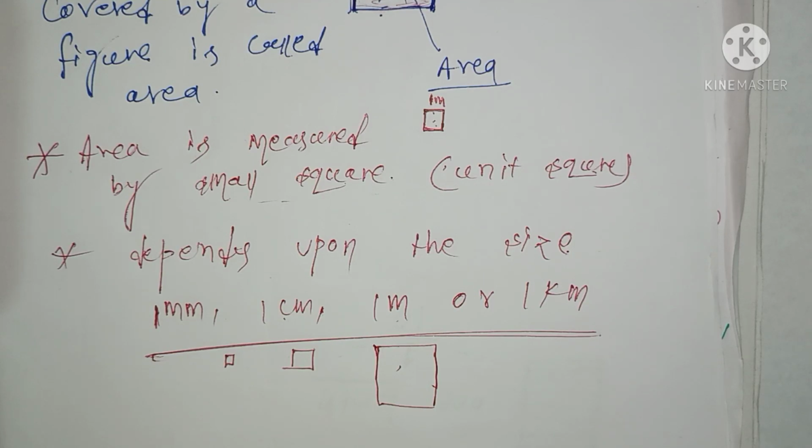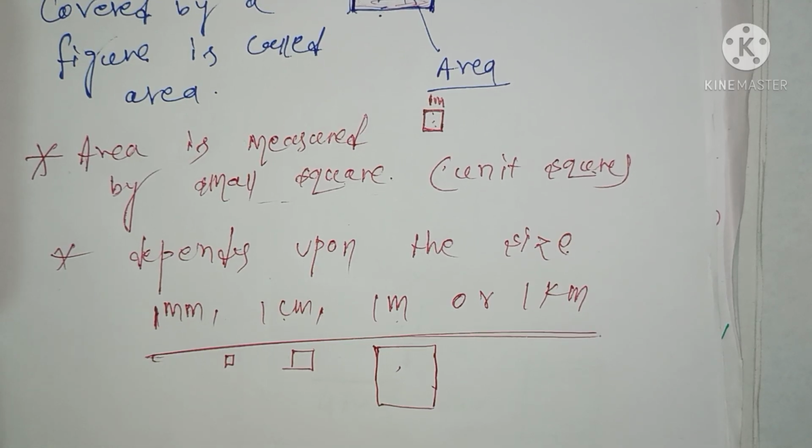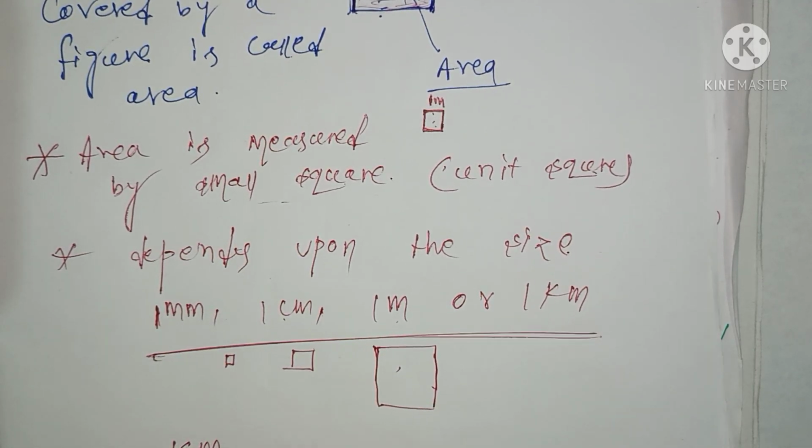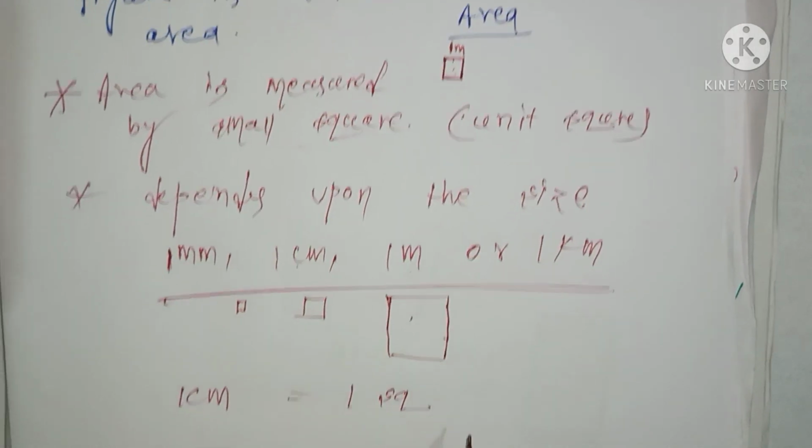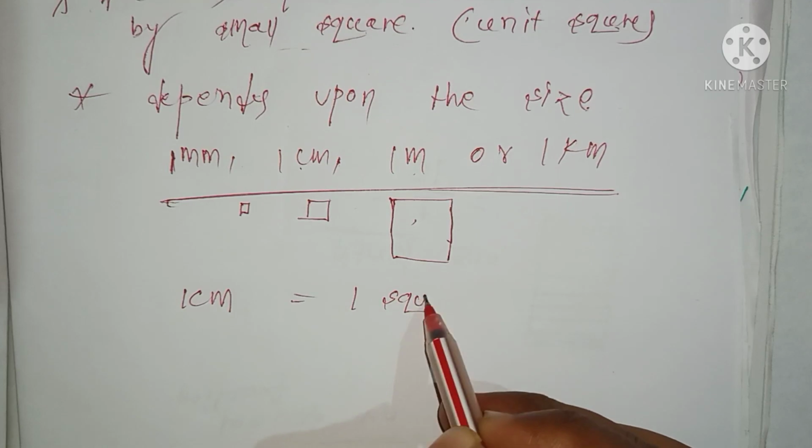Suppose I take a square of side 1 centimeter. Then we can say its area will be 1 square centimeter.